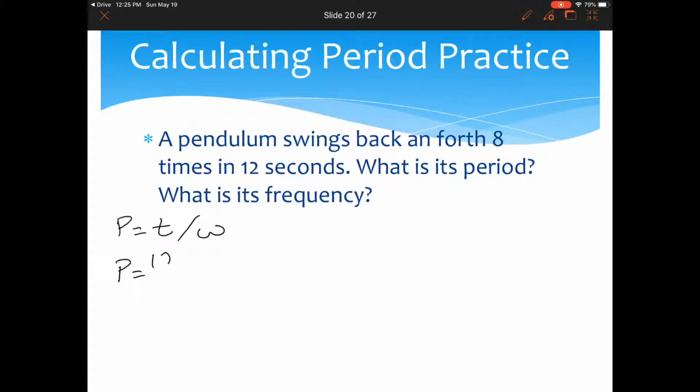Our time is 12 seconds, and our waves is 8. So if you plug that into your calculator, you should get a period of 1.5 seconds.